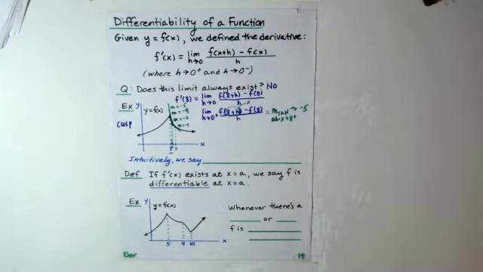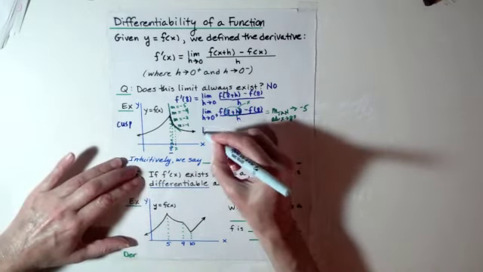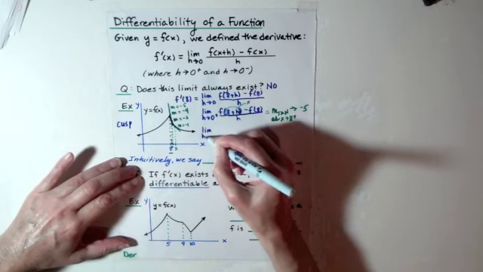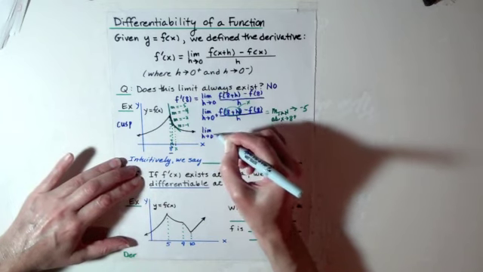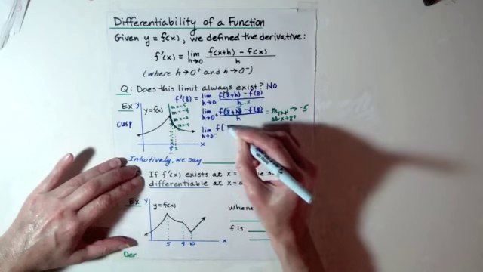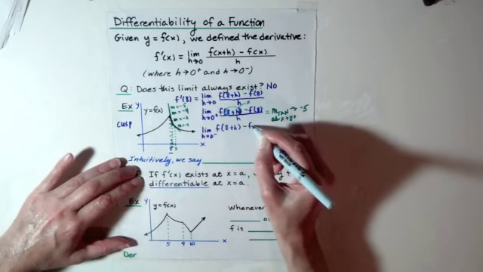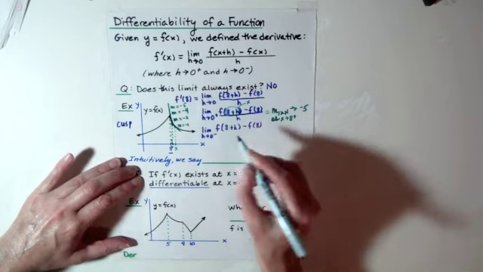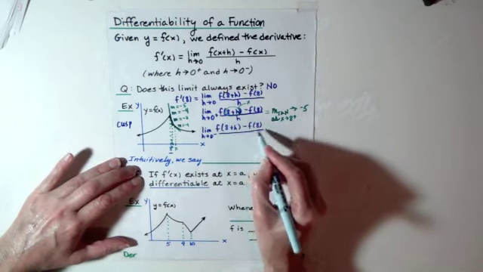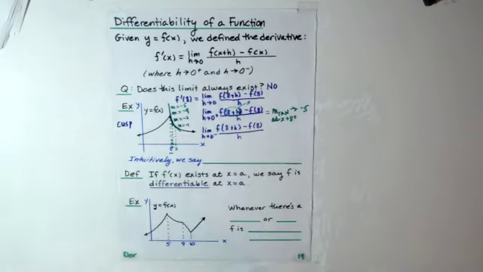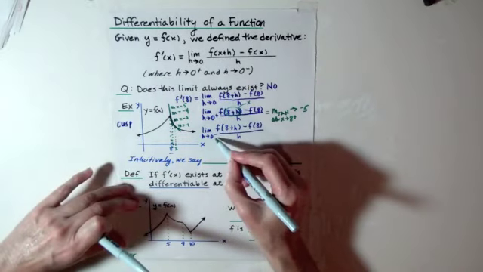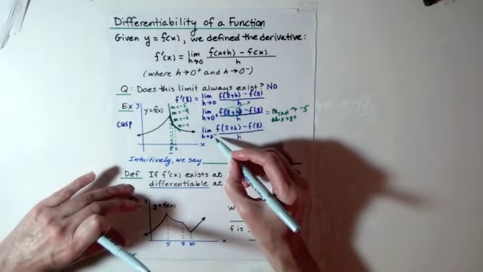All right, now let's consider the limit as h approaches 0 from the left of this same expression, f of 8 plus h minus f of 8, all divided by h. Okay, h, remember, is approaching 0 from the left. That means h is less than 0.